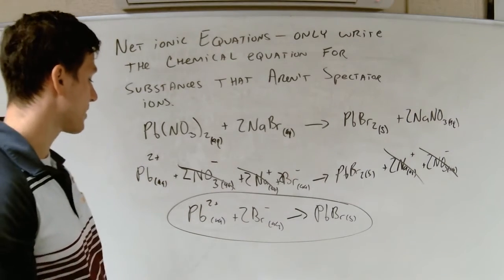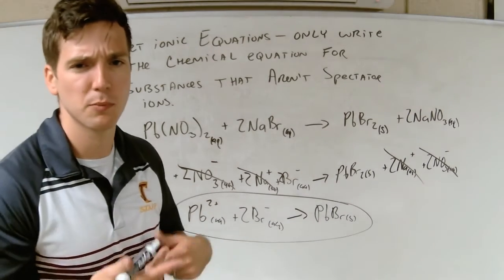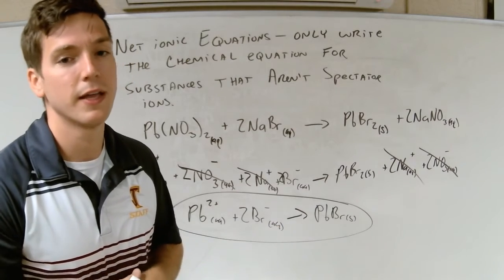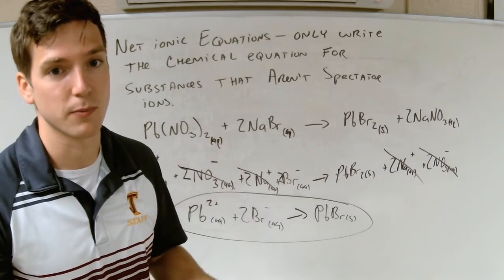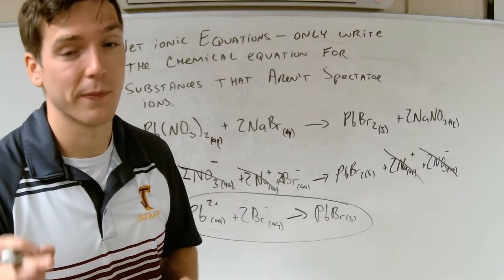You might remember this from last year and wonder why we don't just say split apart the aqueous and keep the solid together. There are some other instances where we step it up a notch and that's not always the case.